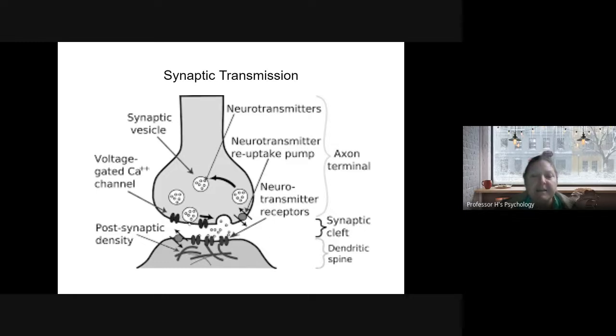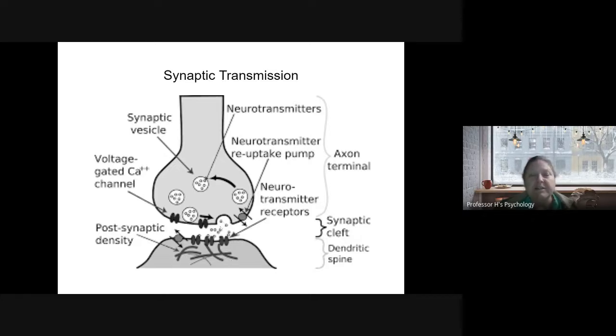The space in here is the synapse, sometimes called the synaptic gap or synaptic cleft, or just synapse. It's the gap between the presynaptic neuron and the postsynaptic neuron. The presynaptic neuron is the upstream neuron sending its signal, and the postsynaptic is receiving it.